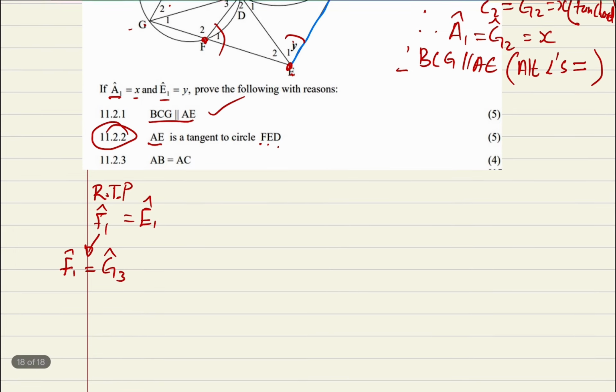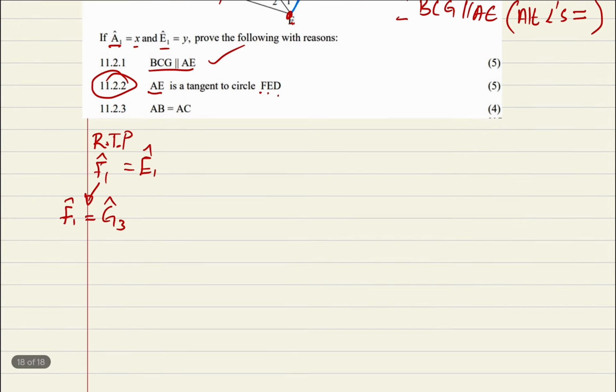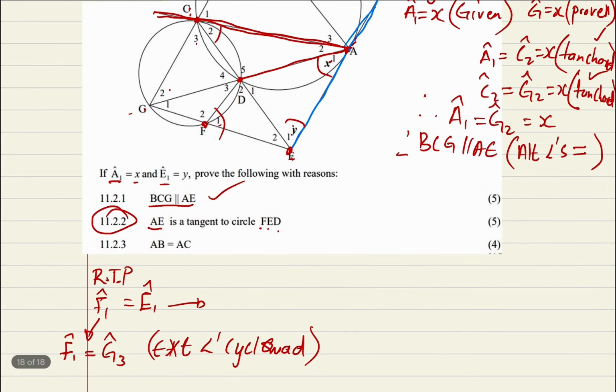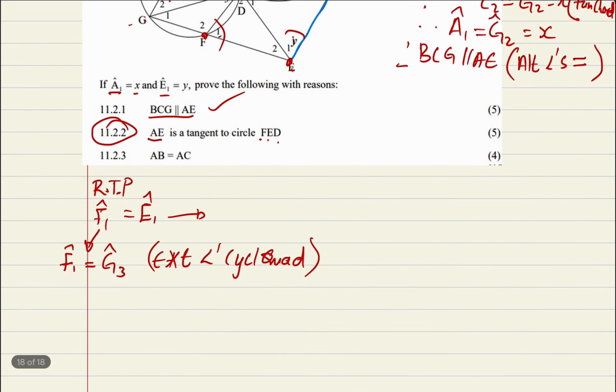Why is it equal to angle G3? Because this is an exterior angle of a cyclic quad. Then I go for angle E1. Angle E1 is equal to angle G3. Why?